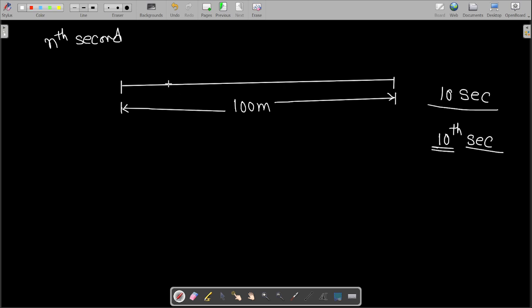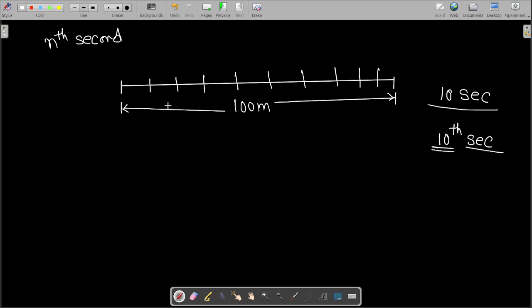Suppose in the first second the distance covered is from here to here. In the second second the distance is covered from here to here. Similarly, we will divide the line in 10 equal parts, that is 1, 2, 3, 4, 5, 6, 7, 8, 9 and 10.